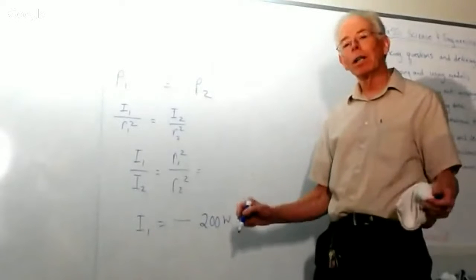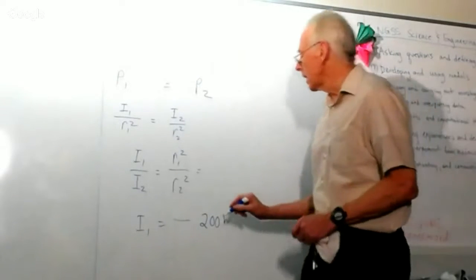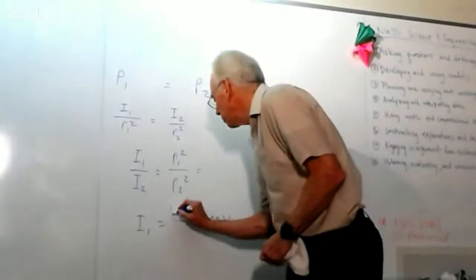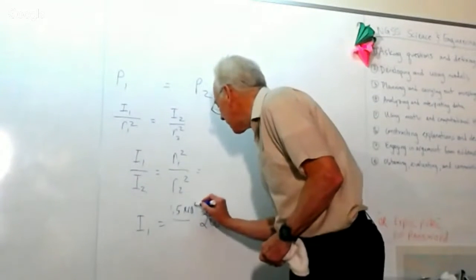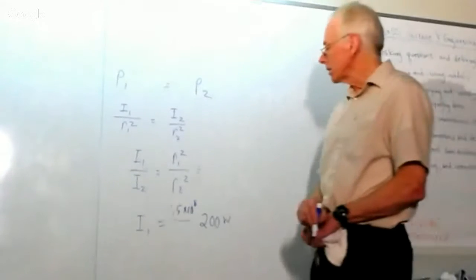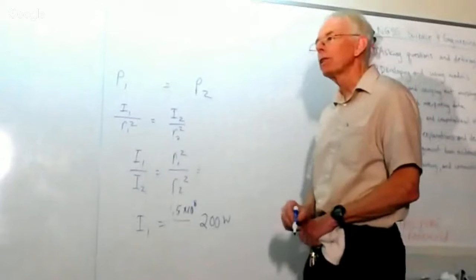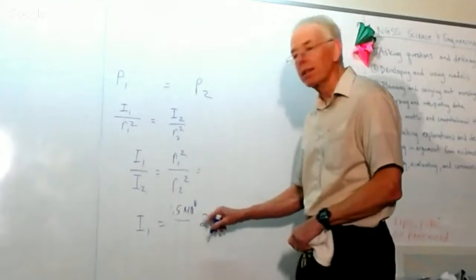That's the unknown light source, that's the sun. So what's the distance to the sun? It's 150 million kilometers. So it's 1.5 times 10 to the 8th kilometers.